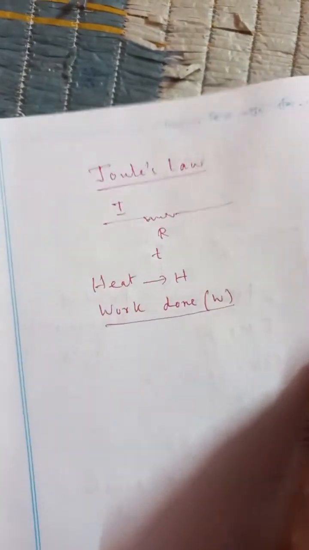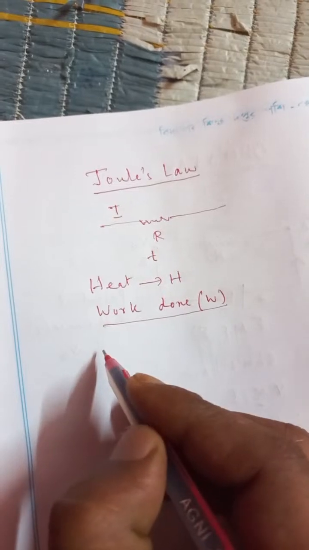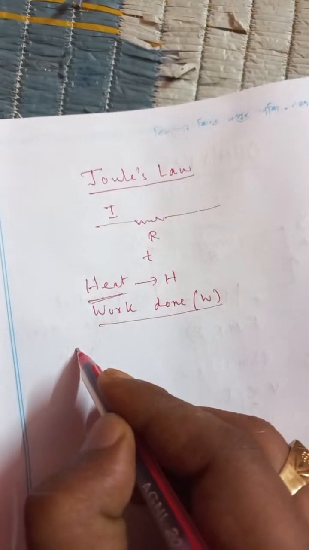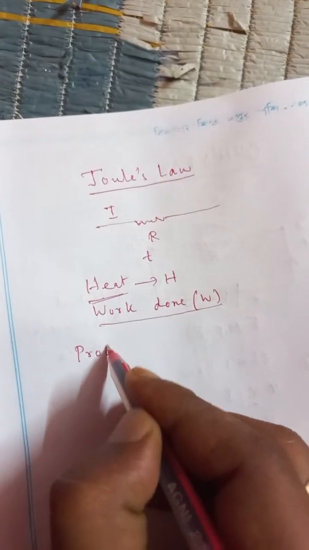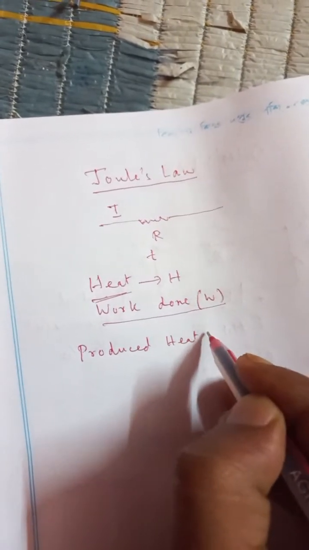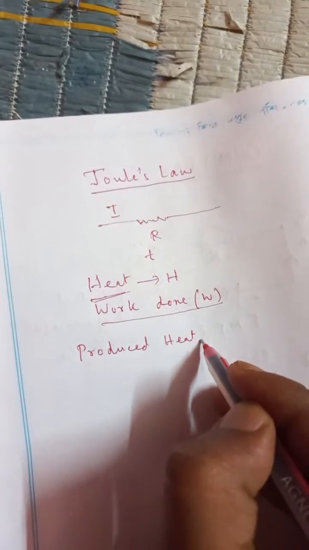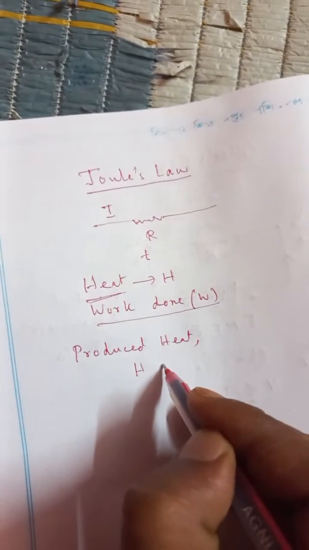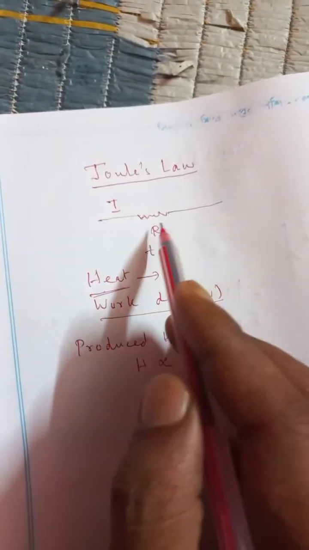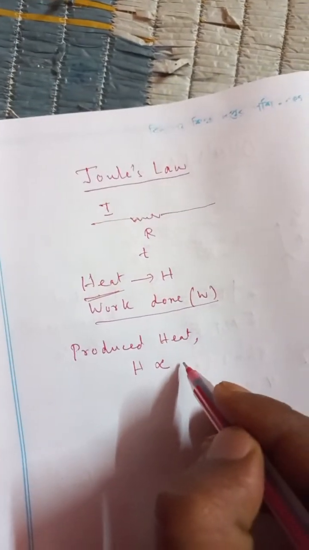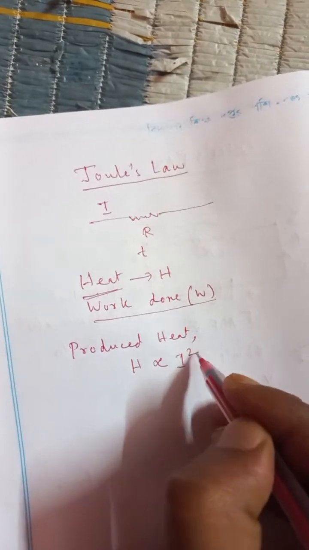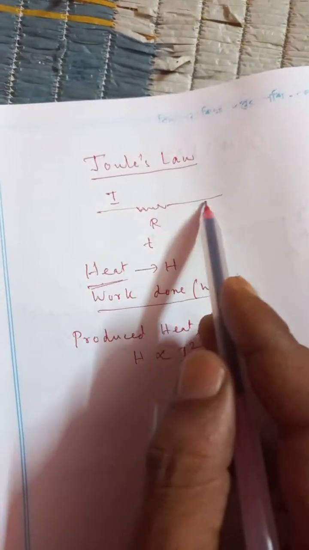Then Joule's law says that the produced heat H is directly proportional to the square of the current flowing in the wire.